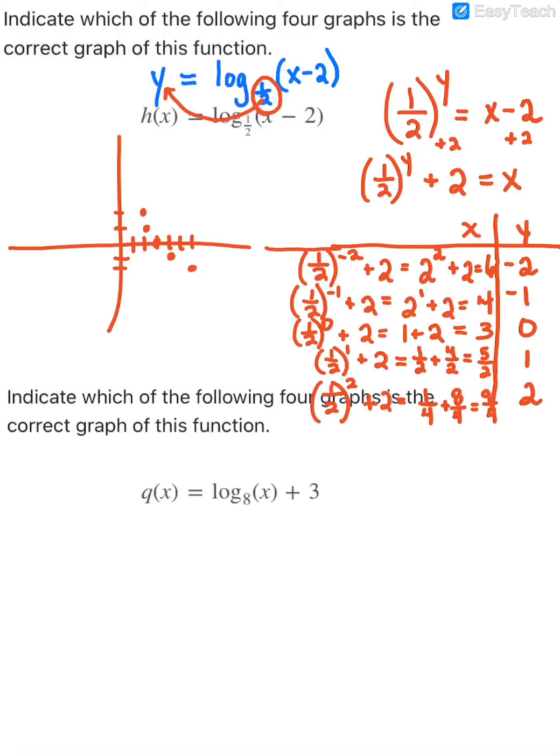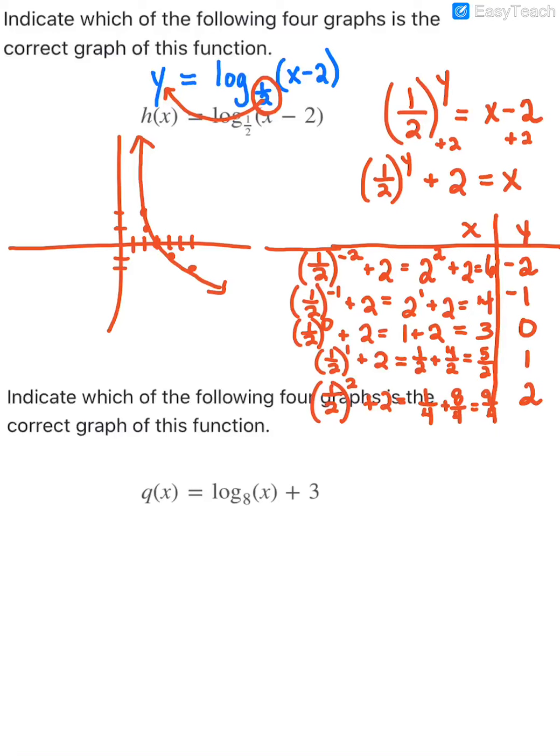And so that would be my next point on the graph. Okay, so as we can see, we get a curve here, and it appears there's a vertical asymptote there at 2, so we're getting closer and closer to that 2 without actually crossing over. Okay, so again, we will look at the next one with the table as well.